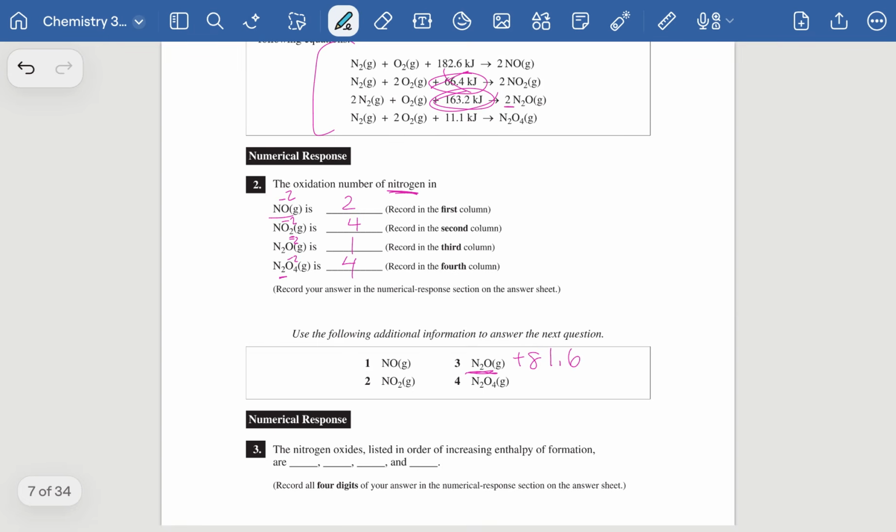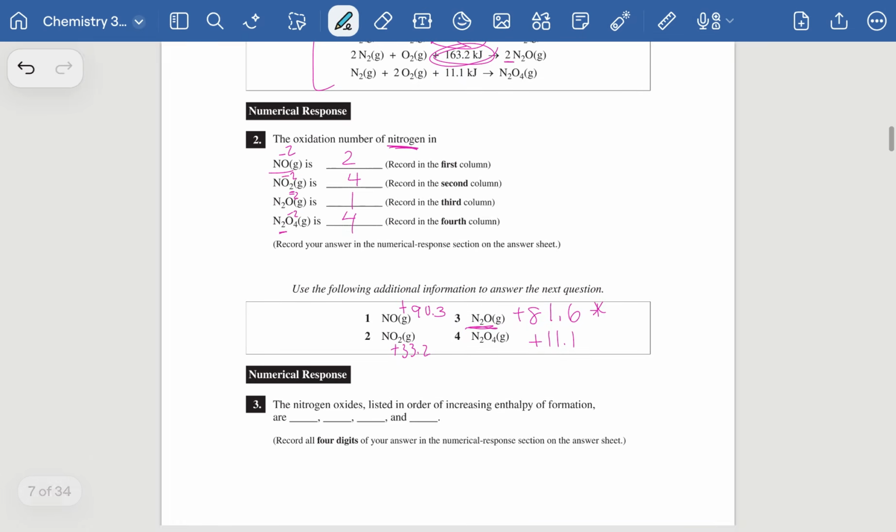So if you look at page 4 or 5 of your data booklet, you'll see that nitrogen monoxide is positive 90.3. Nitrogen dioxide is positive 33.2, and N2O4 is positive 11.1. So with this, now that we have all of them, again, we can get this one from the previous equation, divide it by 2 because we are looking for just 1 mole being formed.